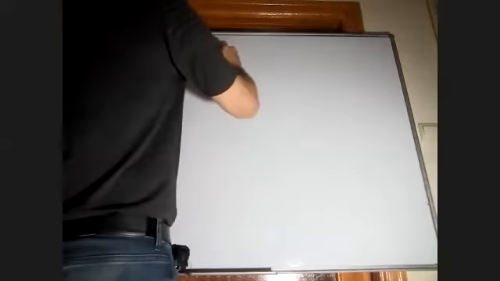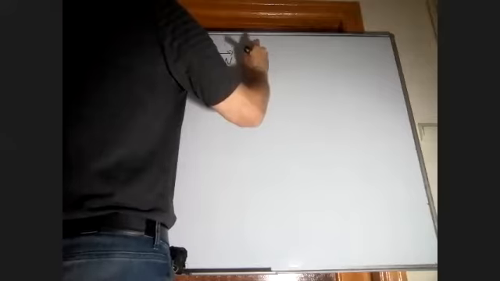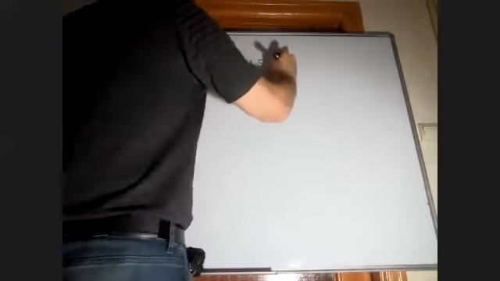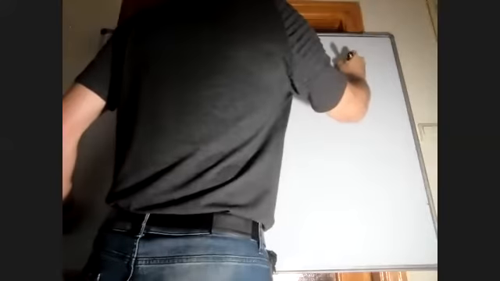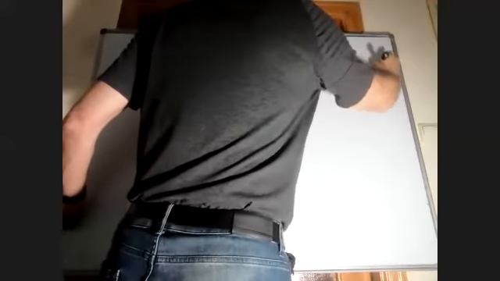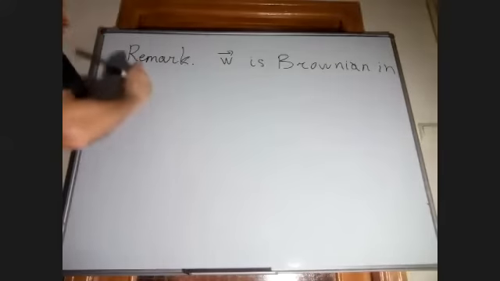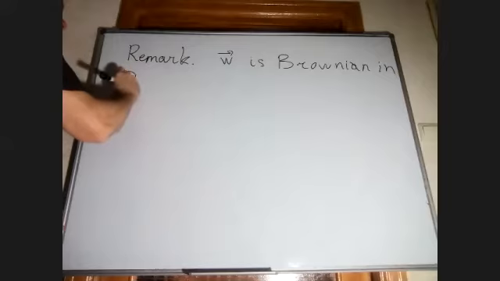Consider a two-dimensional Brownian motion. W is a Brownian motion in R2.